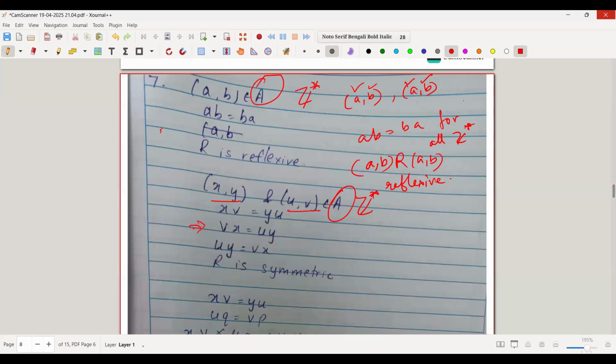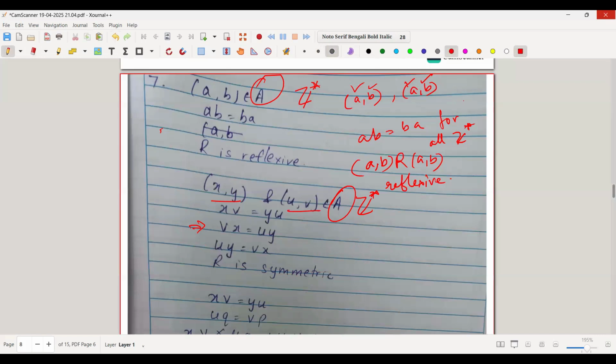Okay, that implies, so you have to write it here that (u, v) related to (x, y). Sorry, not this. This is not okay.